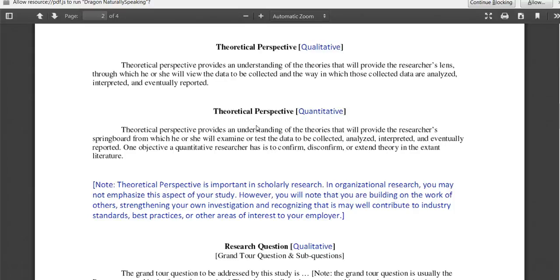On the other hand, quantitative, we want to take an objective view. Qualitative is subjective, quantitative is objective. And we believe as quantitative researchers that we can, all of us, come to the same conclusion, not just close or a little bit different and have it be okay.